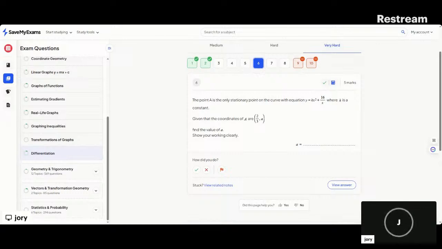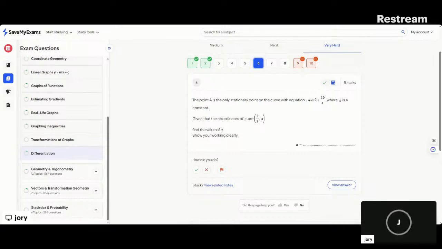Add 16, divide by 2, kx cubed equals... Wait, it gave me x. That's dumb. It gave me x. I don't even have to differentiate to find k. Oh wait, no, I do.